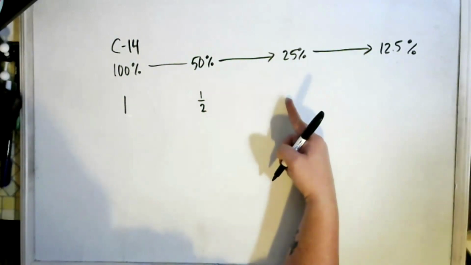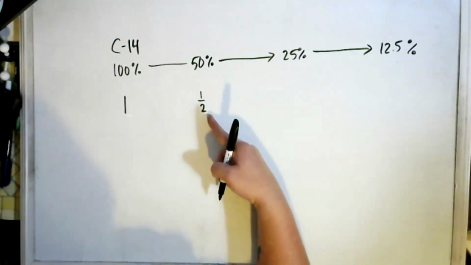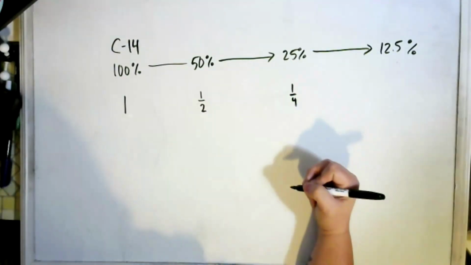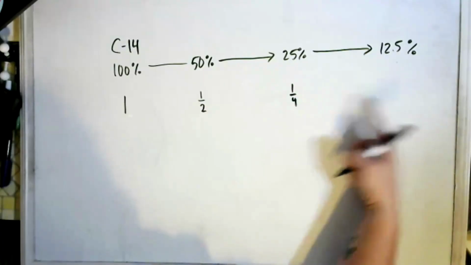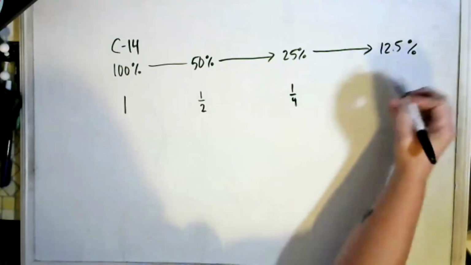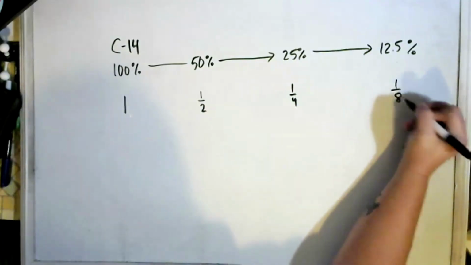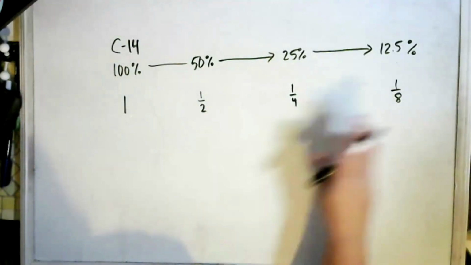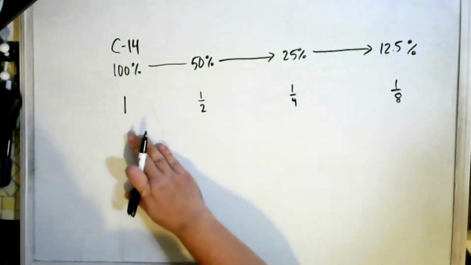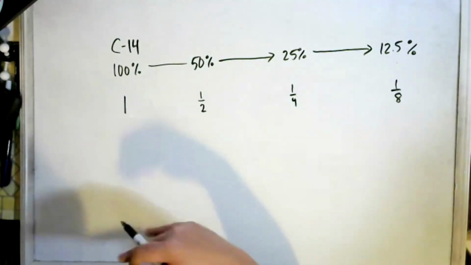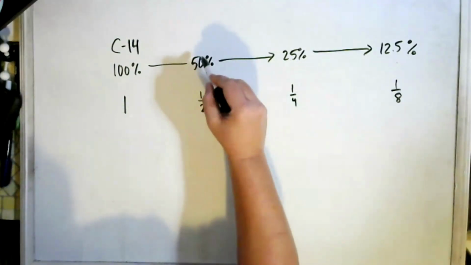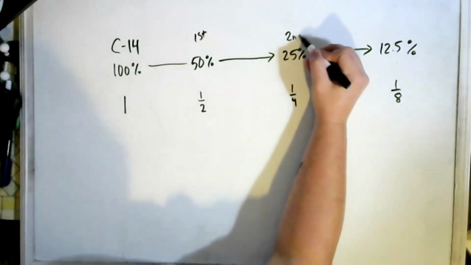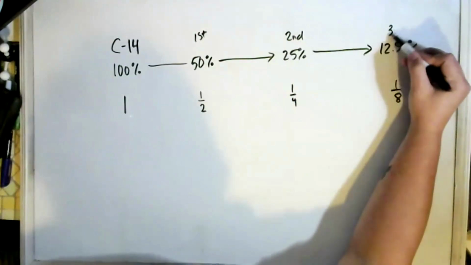At our second half-life, we're going to have half of 1/2, which is 1/4. And at our third half-life, we're going to have half of 1/4, which is going to be 1/8. Okay, so when they told us that we had 1/8 of our original left, that was their way of telling us that 3 half-lives have gone by. That's our first, that's our second, and that's our third.